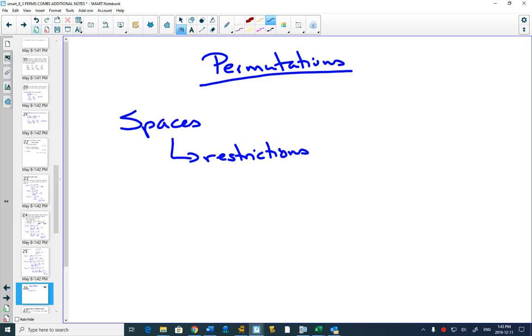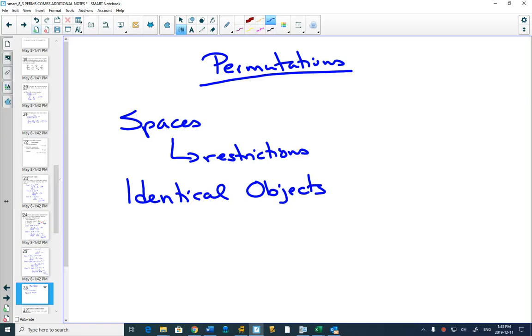After doing spaces and spaces with restrictions, we got to questions with identical objects. Identical objects showed up with words or names that had repetitive letters. Mississippi had lots of S's, lots of I's, lots of P's.